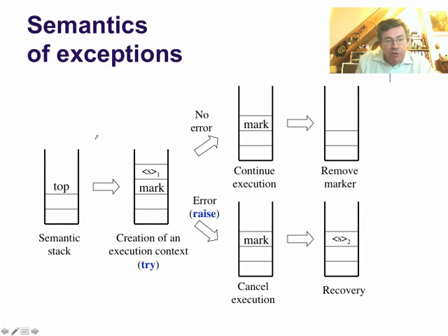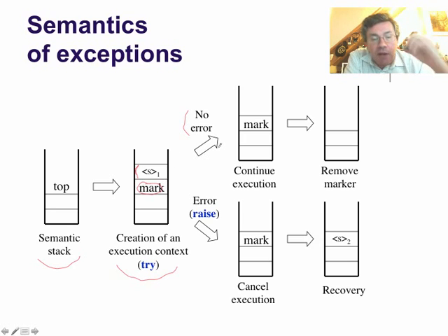In a picture, it goes like this. Here on the left, we have our execution up to the point when we start the try. Now we will create the execution context with the try. So we put the marker and we start executing S1. Now there are two possibilities. Either there's no error, this is the top arrow, then S1 will eventually terminate, we will reach the marker, and then the marker is removed and it's done.